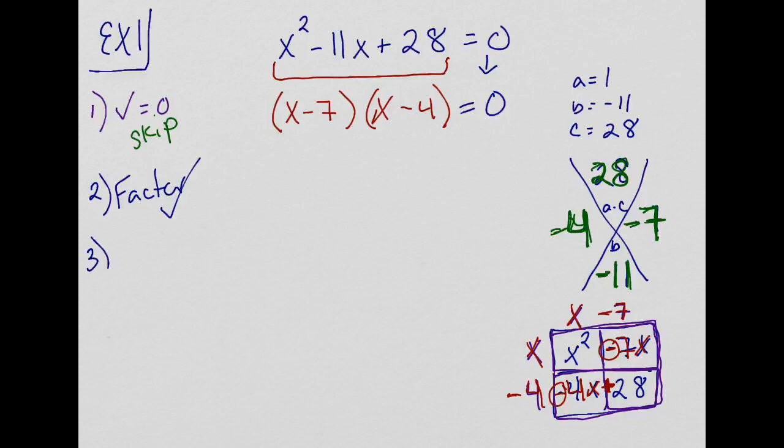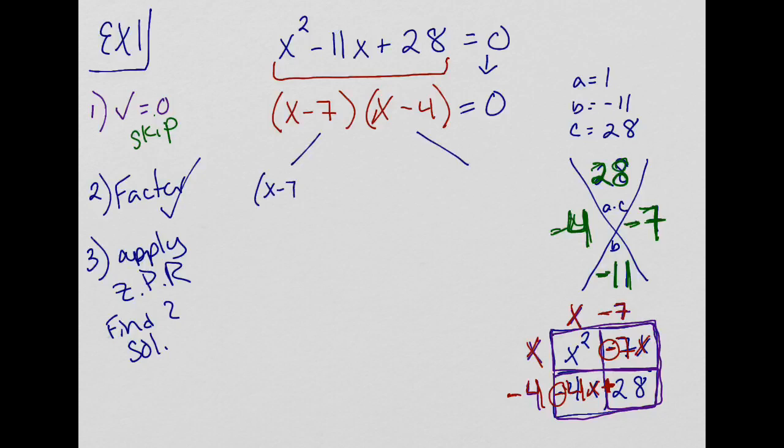So now step 3 is to apply the zero product rule and find the two solutions. So I'm going to split this problem up and say the first factor, x minus 7, could be equal to 0, and x minus 4 could be equal to 0, and I'm going to solve each one separately.